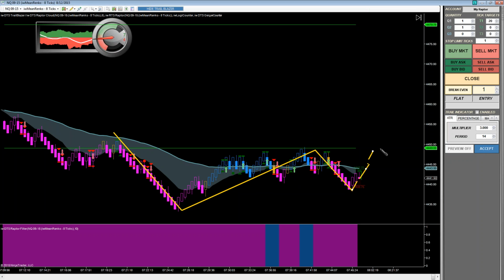If this market rallies now and we produce a buy signal, that could carry some strength with it.